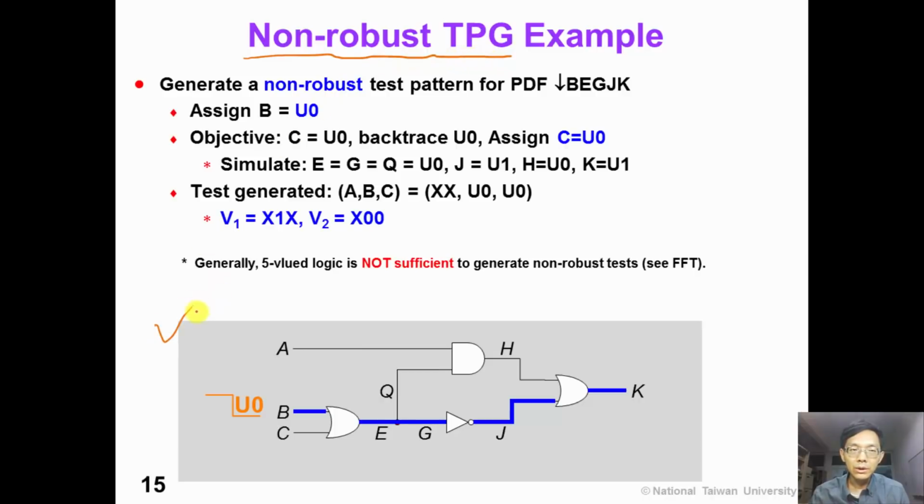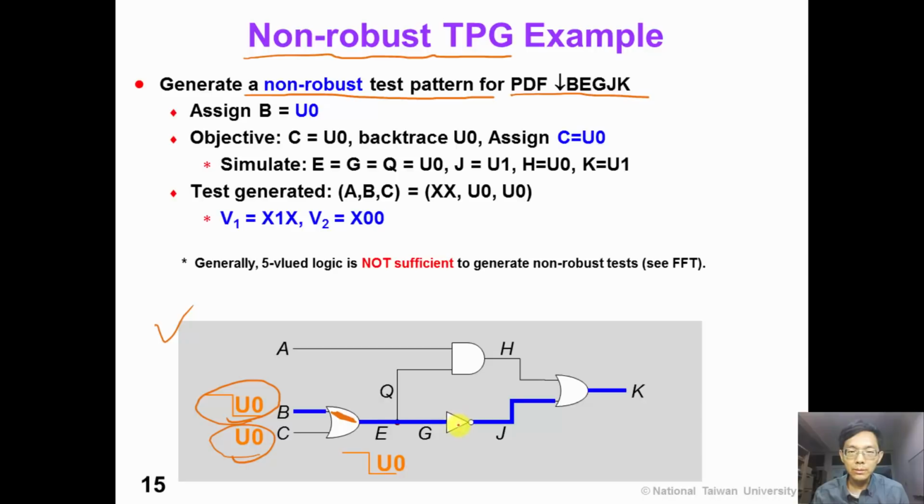Consider the same circuit and our path delay fault, B-E-G-J-K. Now let's generate a non-robust test pattern. At the starting point, we assign B to be U0. And if we want to non-robustly sensitize through this OR gate, the off-path signal can be U0.